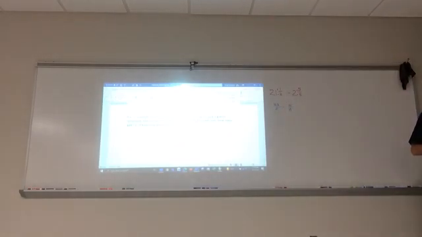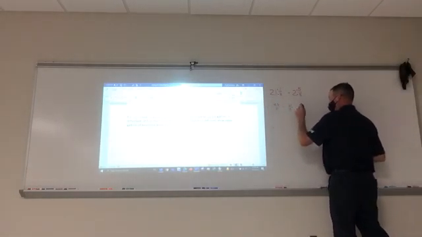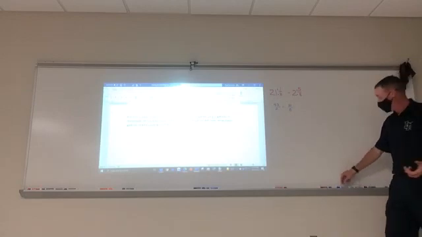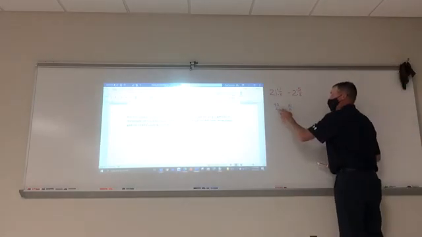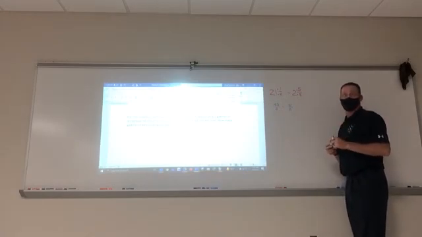Now that we've changed them to impropers, what's the next step? Find a common denominator. Now I could multiply the first one by 8 over 8, the second one by 2 over 2, but that's again going to actually create more work here. The least common multiple between these is 8. So I actually don't even have to change the second fraction.